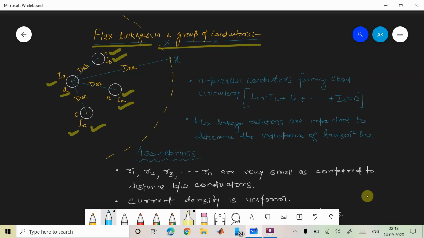Therefore, the sum of the currents of all the conductors, IA plus IB plus IC plus up to the nth current IN, is equal to 0. And there are n parallel conductors.